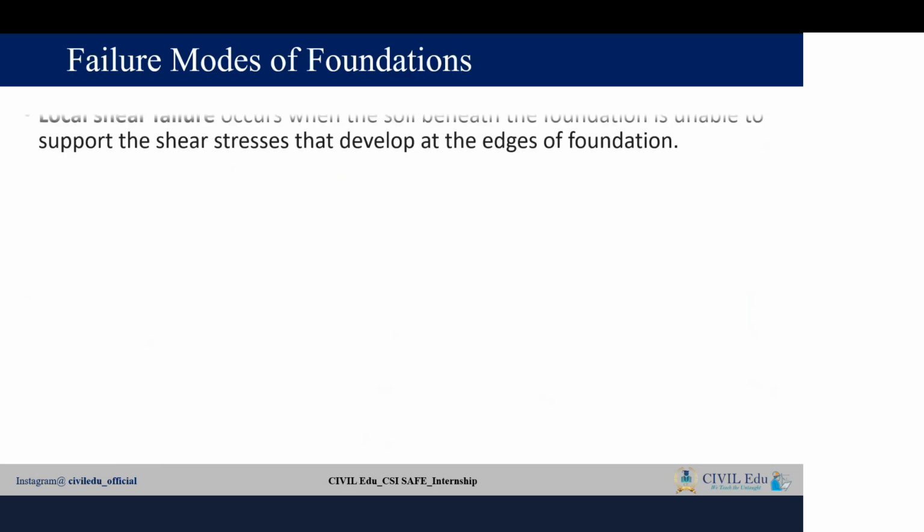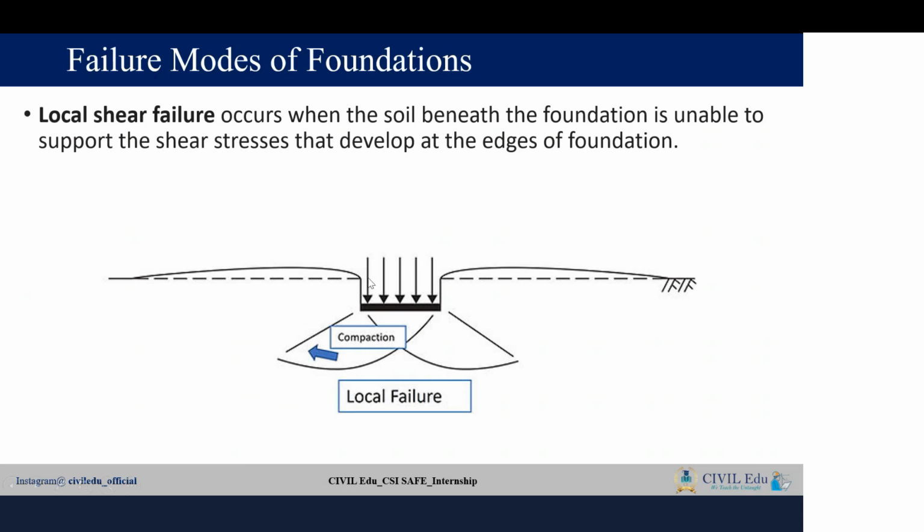The next one is called local shear failure. This also occurs in the soil below the foundation, when it is not able to develop the shear stresses at the support. You can see this is a column coming down, and at the surface edges of the foundation, if it is unable to carry the load, such a failure is called a local shear failure.